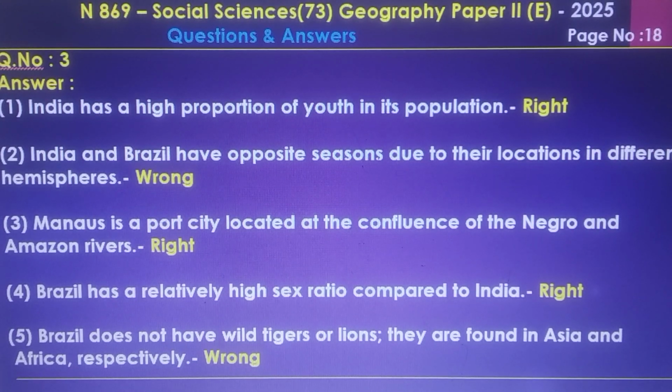The third one: Manaus is a port city located at the confluence of the Negro and Amazon rivers. Right. And the fourth one: Brazil has a relatively high sex ratio compared to India. That is right. Fifth one: Brazil does not have wild tigers or lions. They are found in Asia and Africa respectively. That is wrong.